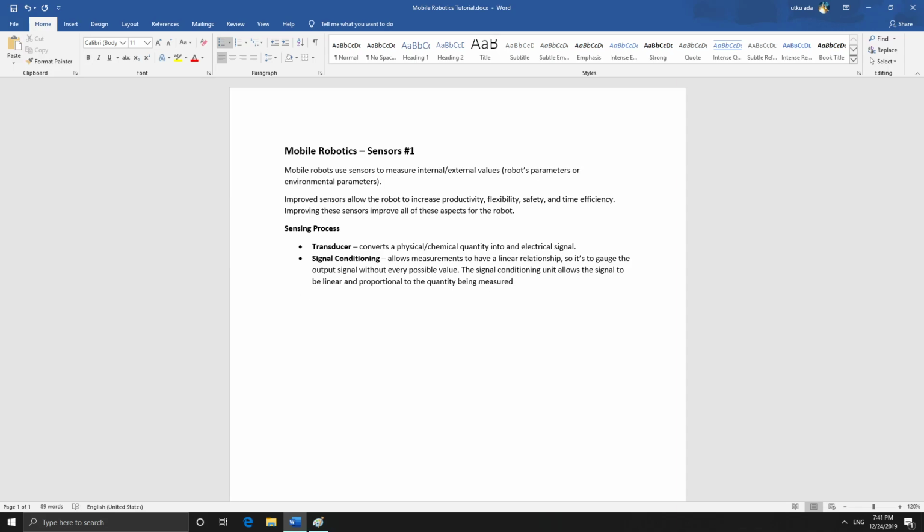And of course the output may need to be amplified, because making it linear may make certain outputs extremely small. Now the modified signal is output to the computer interface.